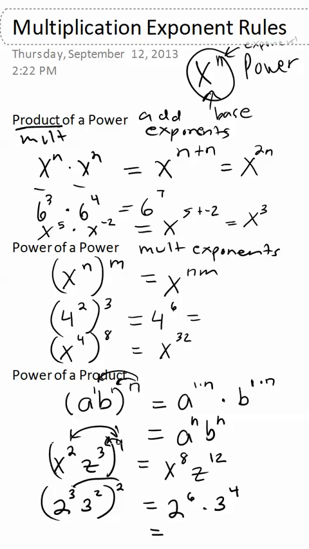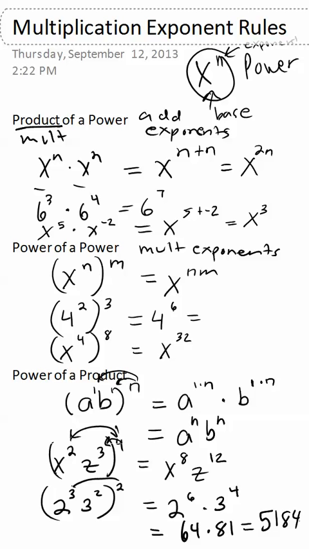Okay, so basically 2 to the 6th becomes 64, times 81, since 3 to the 4th is 81. And if I go ahead and multiply that out and find the value, that becomes 5,184.